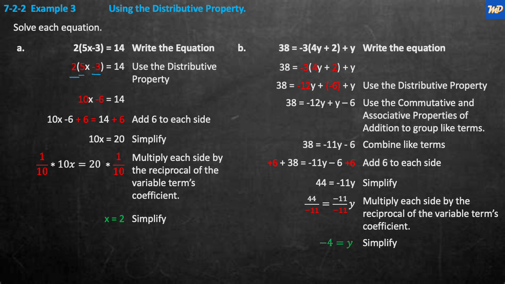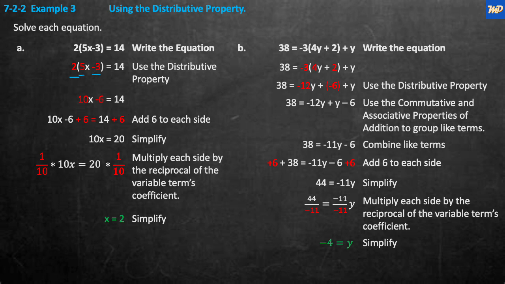When we multiply this out, we can't really move these terms by adding and subtracting. We want to do the adding and subtracting because we have like terms. So we're going to get 2 times 5 is 10x, and then minus 3 times 2 is minus 6, and that equals 14. Next step would be to combine like terms and move them around.